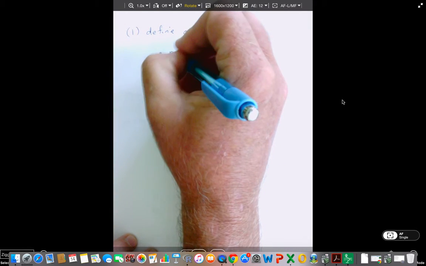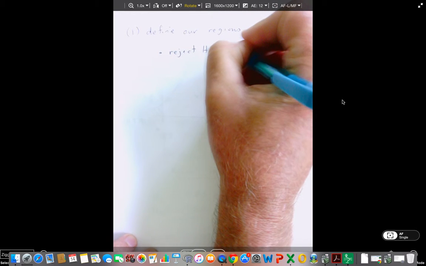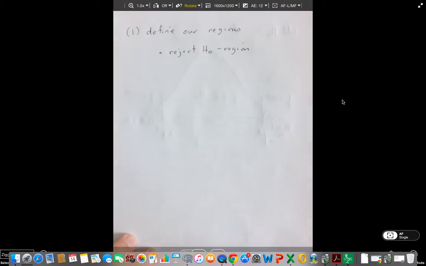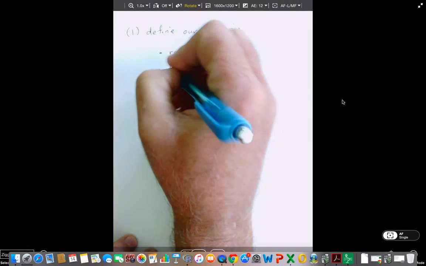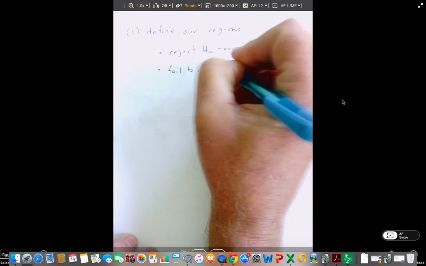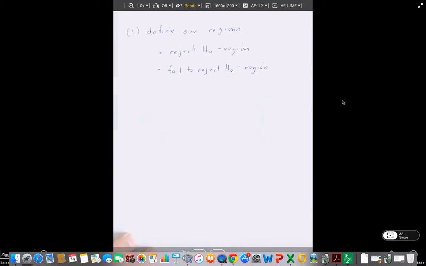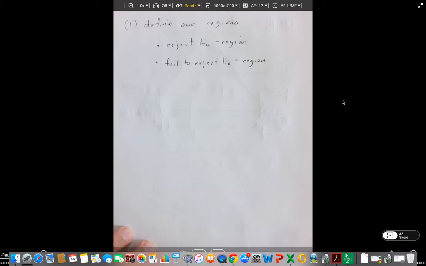We want our reject H sub O region and we want our fail to reject H sub O region, but we've got certain criteria that has to be met.